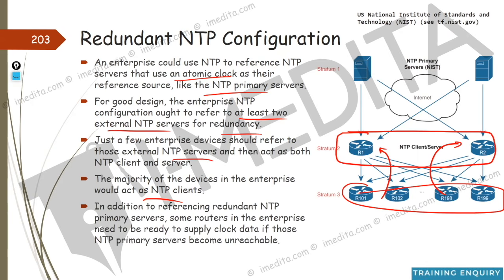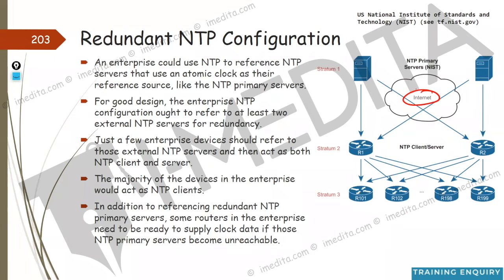One thing that we need here: let's say, for some reason, in this scenario we lose connectivity to the internet, for both R1 and R2. In this case, these devices may feel as if they don't have synchronized time.